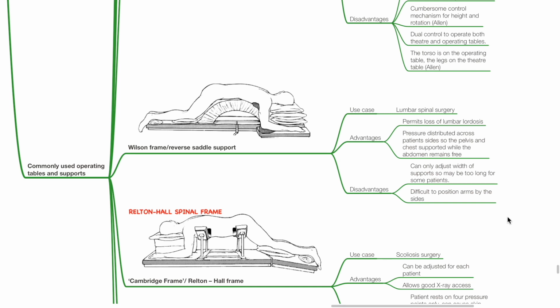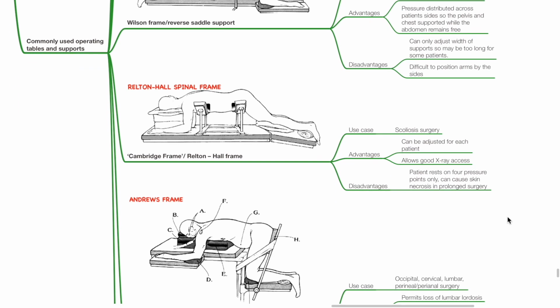It is difficult to position the arms by the sides. The Cambridge frame or Relton Hall frame. Use case: scoliosis surgery. Advantages: it can be adjusted for each patient and allows good X-ray access. Disadvantages: the patient rests on 4 pressure points only, and this may cause skin necrosis during prolonged surgery.